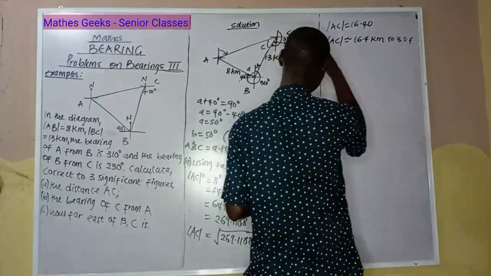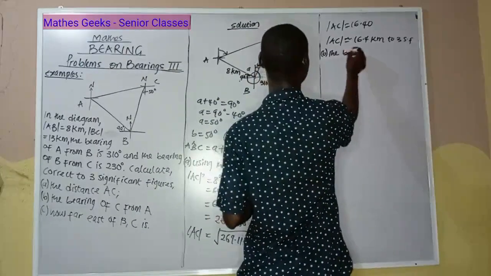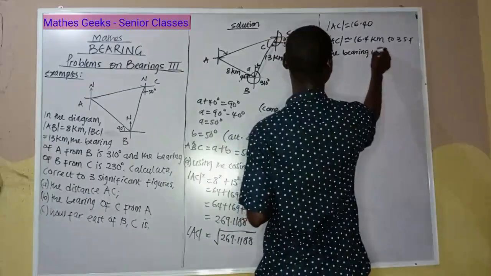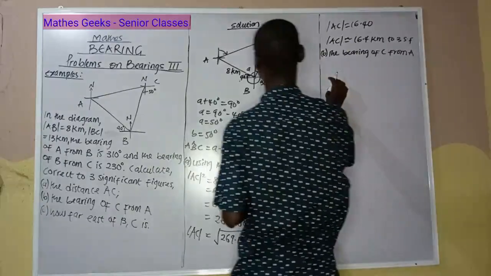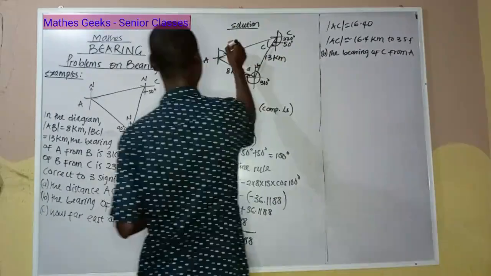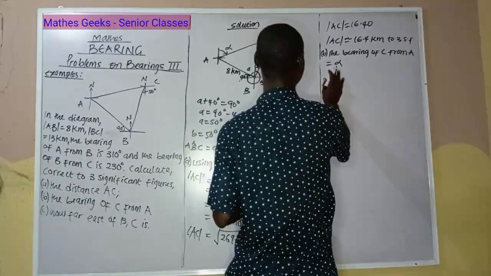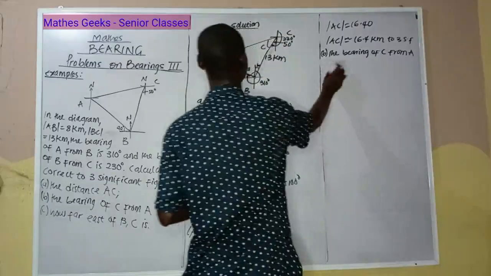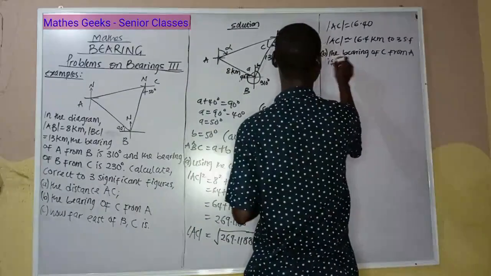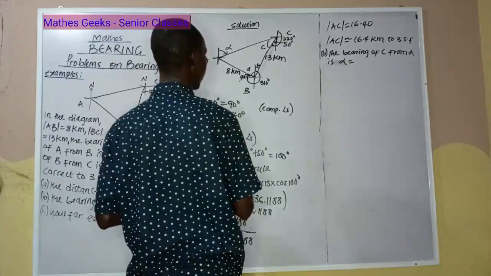So let's call the bearing of C from A alpha.